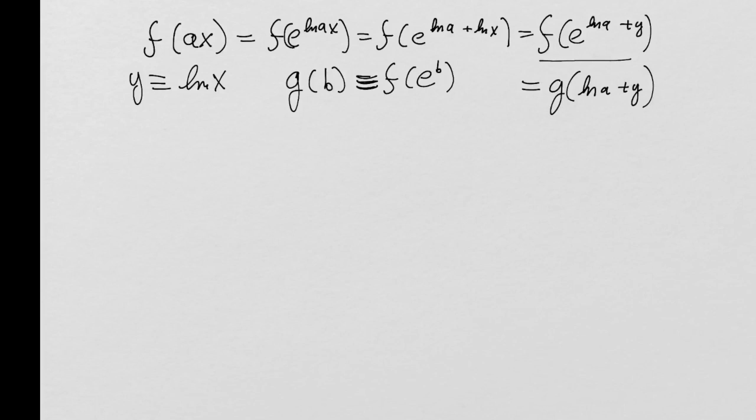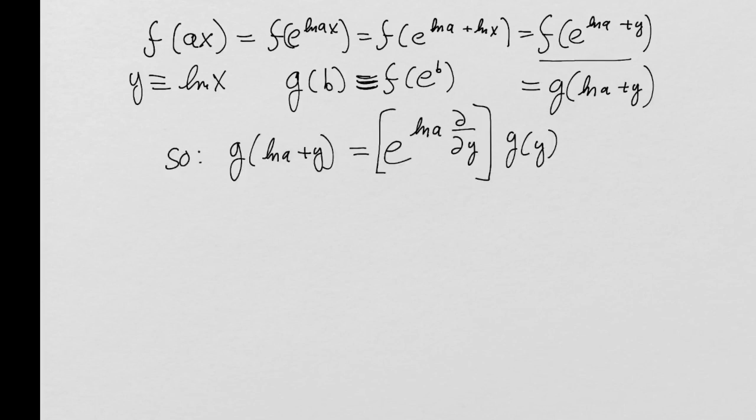But we're not quite done. Now I can write down that this shift is this shift operator by a shift of ln a. The natural log of a is the amount of the shift. That shift operator is right here acting on the function g of y. There's actually a little bit of a less ambiguous way of writing this: have the operator act on the function first and then put the variable at the end.